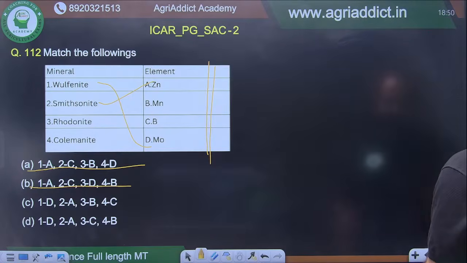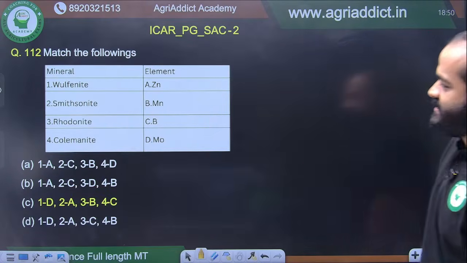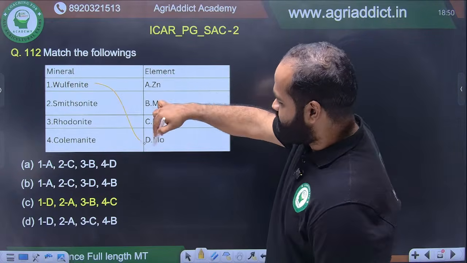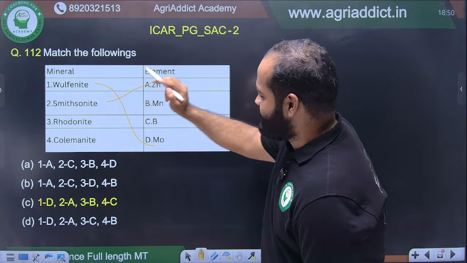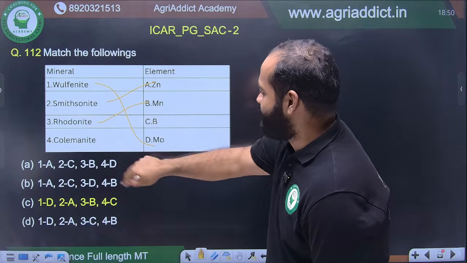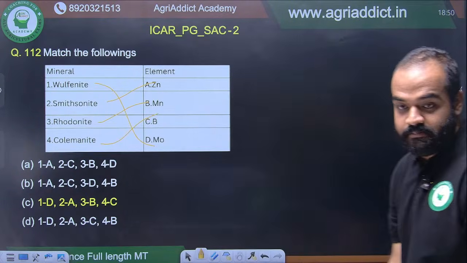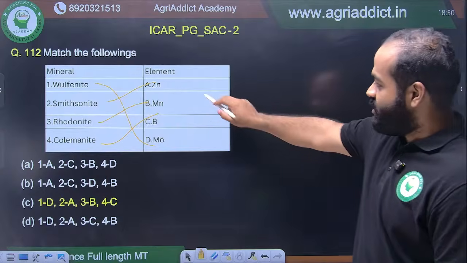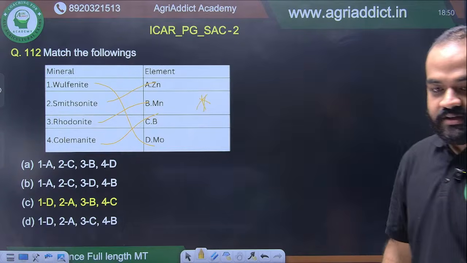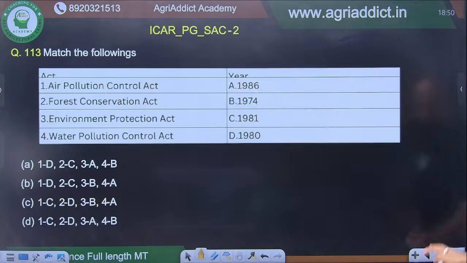Yes, very good. It is option C. Wulfenite is molybdenum, smithsonite is zinc, rhodonite is manganese and colemanite is B. I keep saying this again and again: this table is extremely important. Be very thorough with that table.